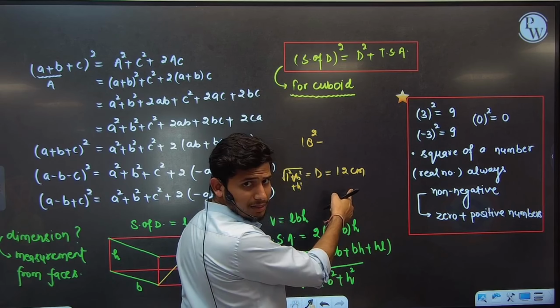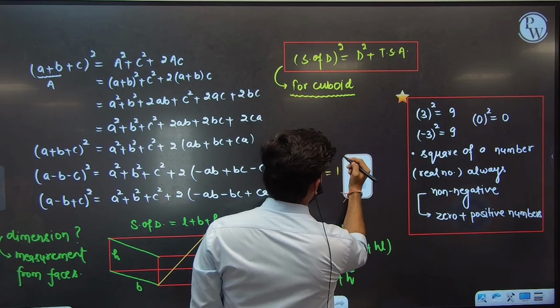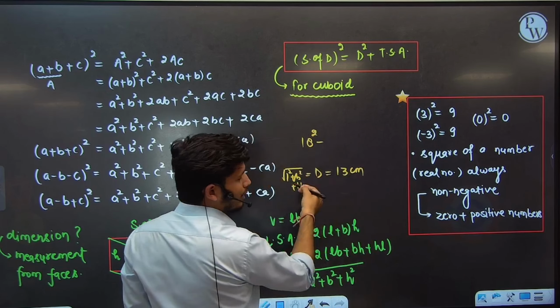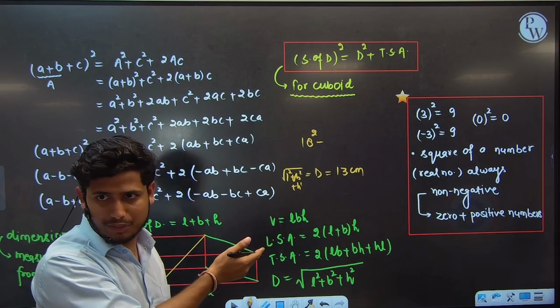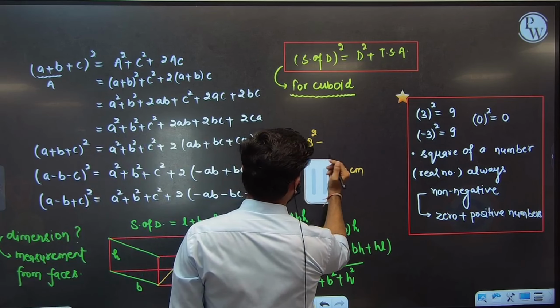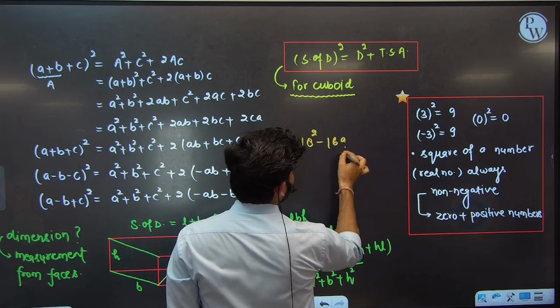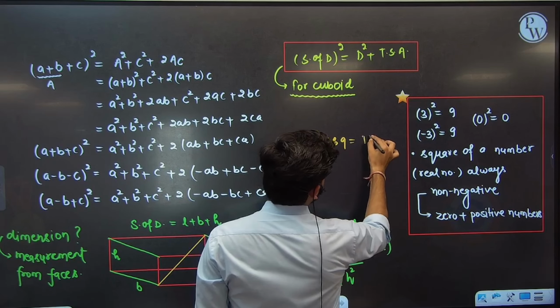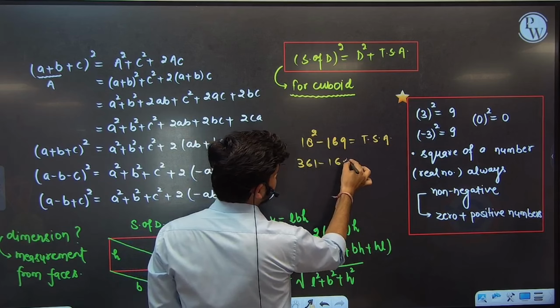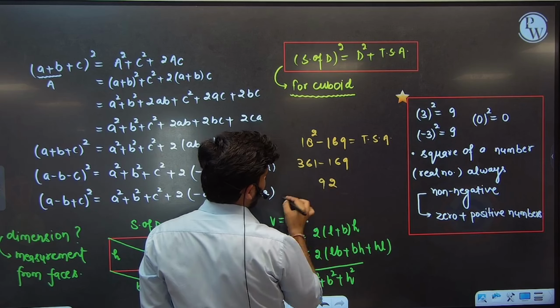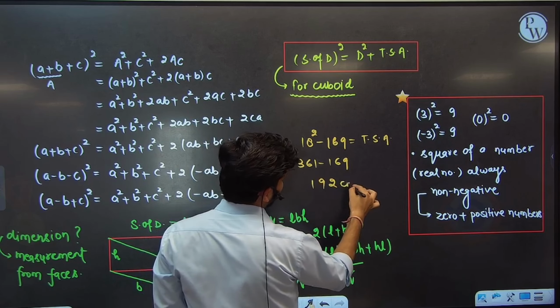Now squaring on both sides, so that you remove this square root part. So 13 square is equal to 169, and it is equal to D square. 18 square is 324, minus 169 gives the TSA, 155 centimeter square.